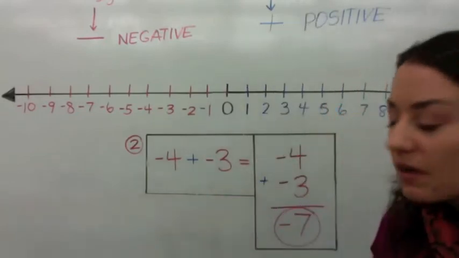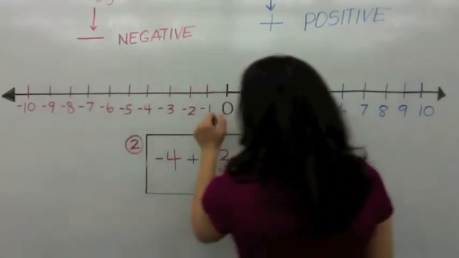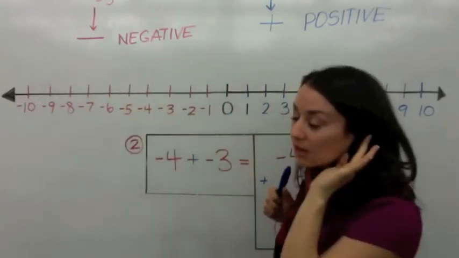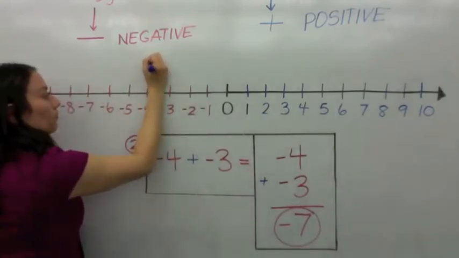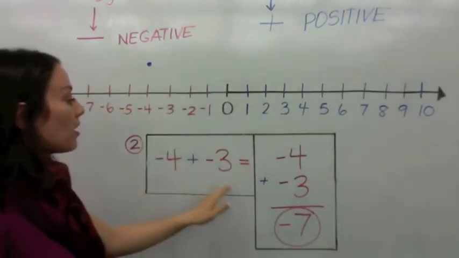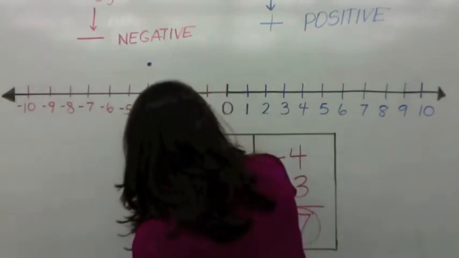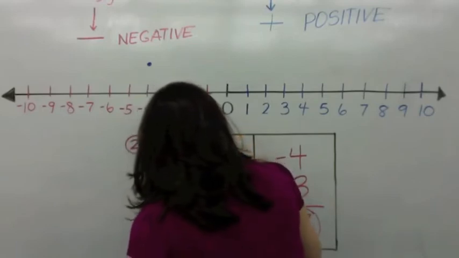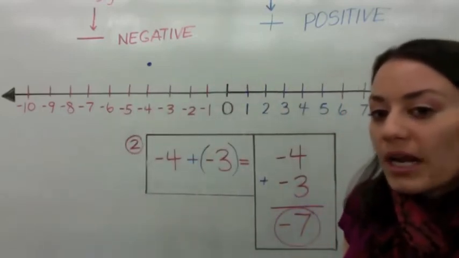So let's verify this on the number line, shall we? Where is negative 4 on the number line? It's to the left. So you're at negative 4, and you want to actually add a negative 3. What direction will I go if I want to get to negative 3?